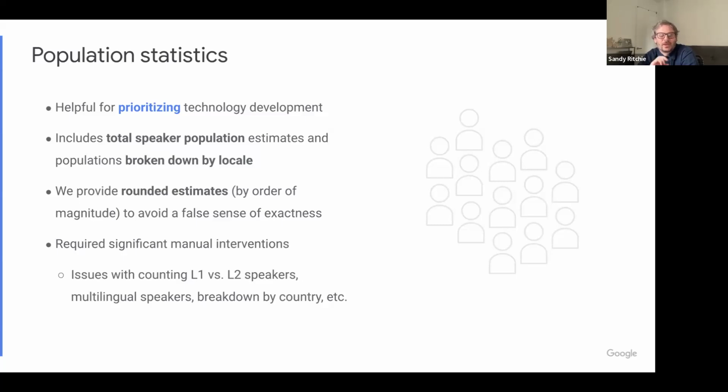What's tricky here is that we see population statistics reported either for a language, or for the country or region where the language is spoken, or, if a language is spoken in multiple countries, some kind of breakdown of the population.